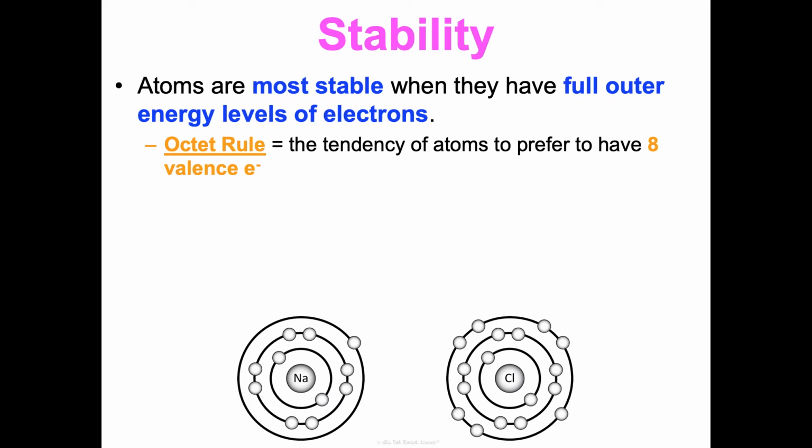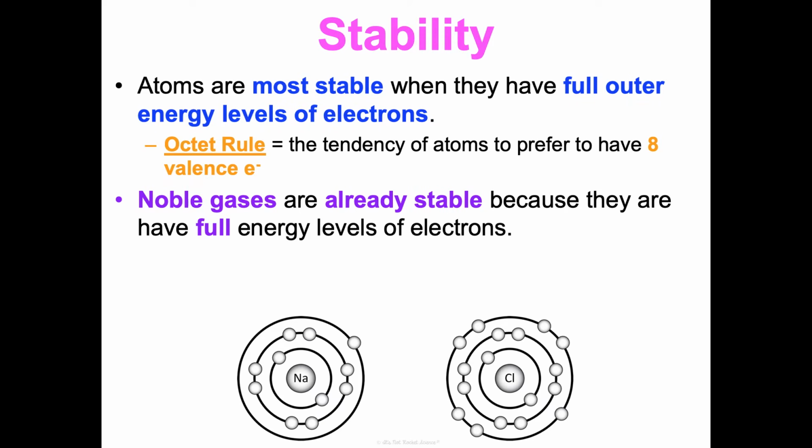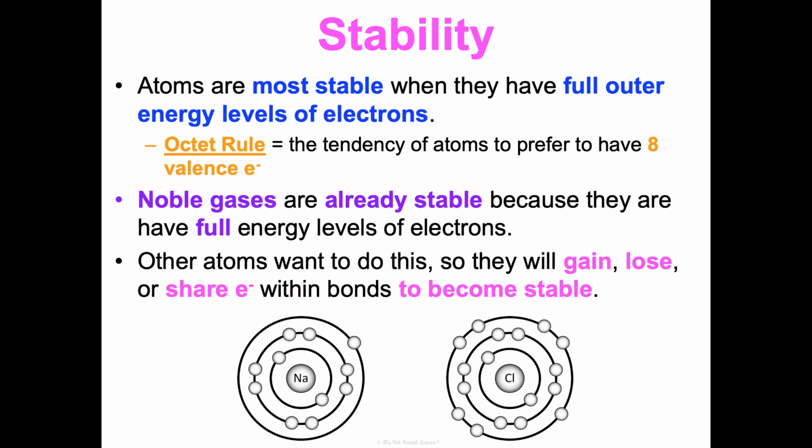But pretty much everyone else, we're shooting for 8 here. Group 18, our noble gases, already have 8 valence electrons, and helium has its 2, so they're already stable because they have full energy levels of electrons. But other atoms want to do this, so they will gain, lose, or share their valence electrons within bonds in order to become stable.